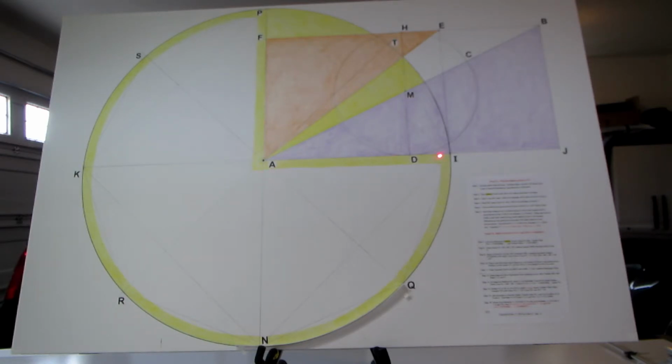If the radius equals the square root of the golden ratio, then the diameter KI equals 2 times the square root of the golden ratio.